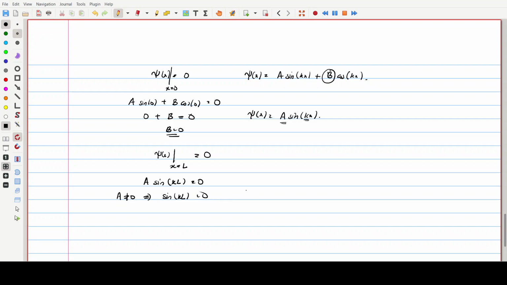It implies sine kL must be 0. Now what are the possible values for kL? Is it possible for kL to take the value 0? If we take kL equal to 0, then the wave function would be 0 for all x, and that is a trivial solution. That is not possible.